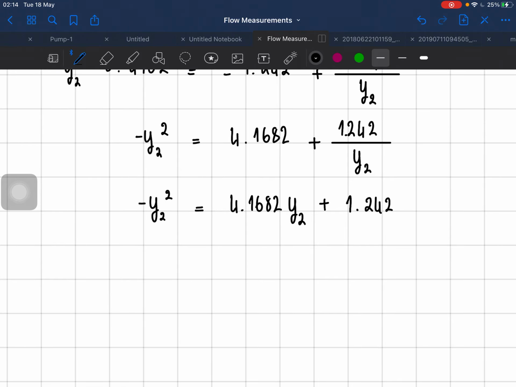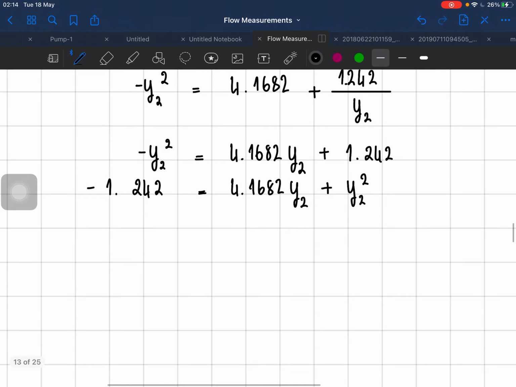Okay, so now we can move everything here. 1.242, it's minus, equals 4.1682 y plus y2 squared. Okay, let's find y together.